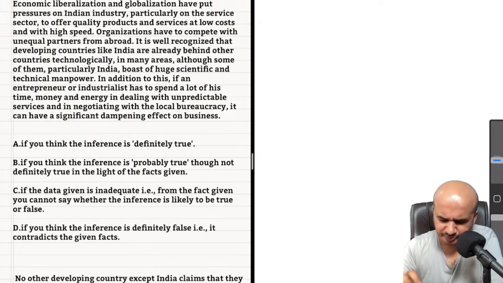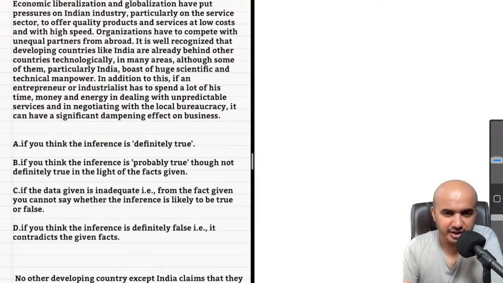The guy sitting abroad may or may not have this kind of disadvantage. So somewhere in the beginning of the passage, they say it's unequal. I may be providing service here, they also may be providing service, but we are not equally advantaged. So he may have better technical advantage, he may have better local government support, etc. The service sector in India may not have all that.